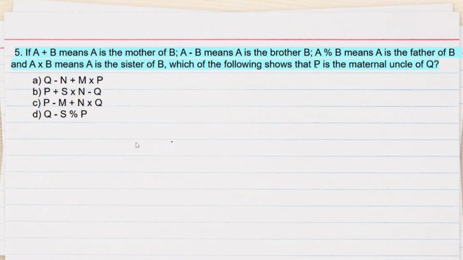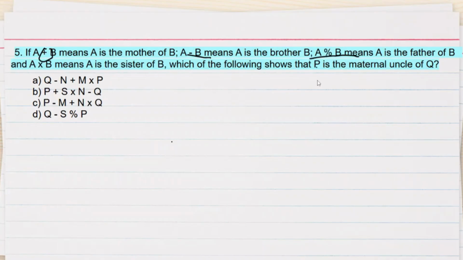So this is also one of the question types which is generally asked in blood relations questions. In this we will be given symbols in the question itself, right? Here symbols like plus, minus, multiply, percentage will be given in the question.